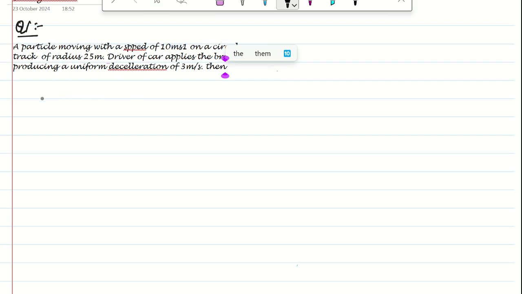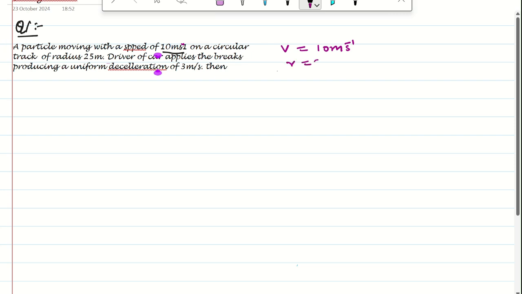So first of all, given data: the particle is moving with a speed v equal to 10 meters per second. Radius r is equal to 25 meters. On applying the brake, the retardation a is equal to 3 meters per second squared.